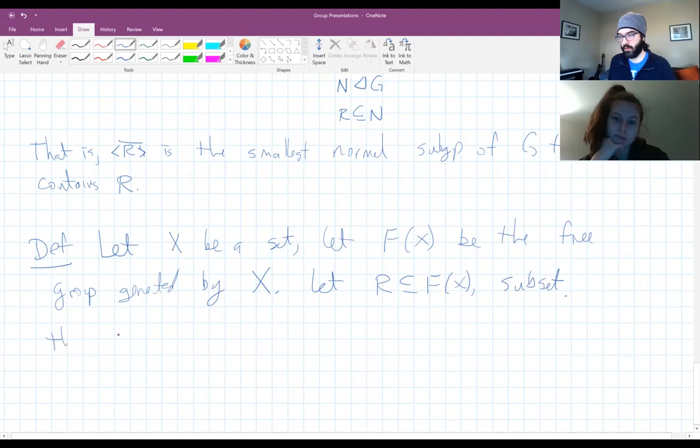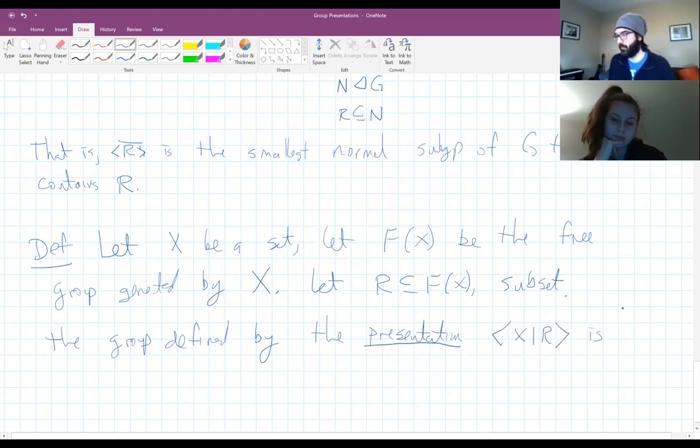The group defined by the presentation X, R is just the free group on X modulo the normal closure of R.